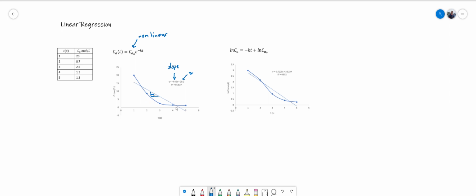So that's what linear regression is: taking a best fit line to create a prediction interval.